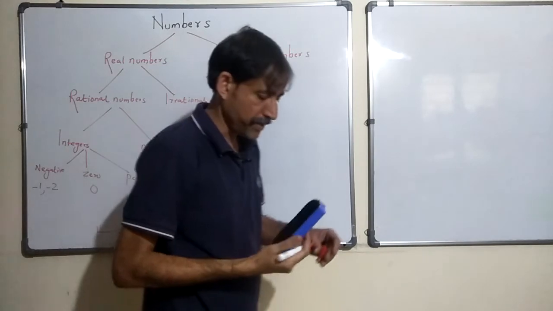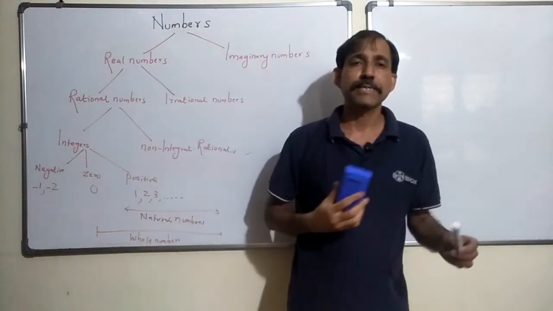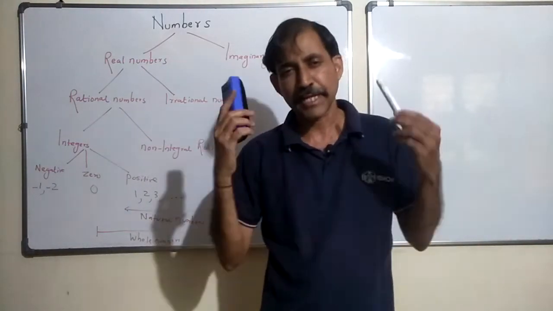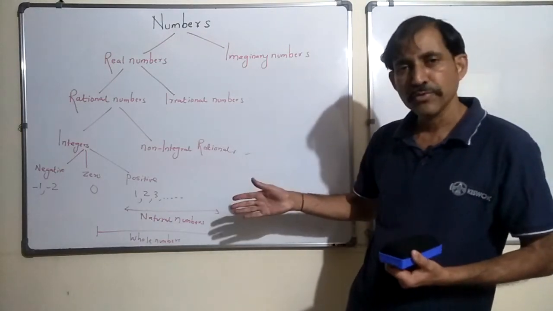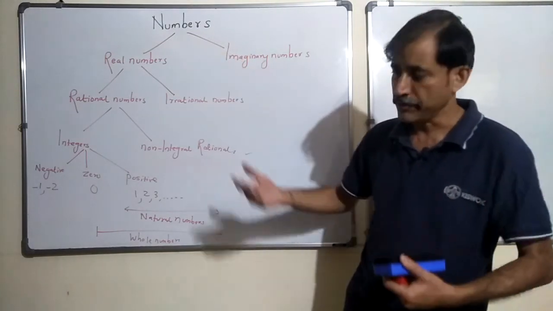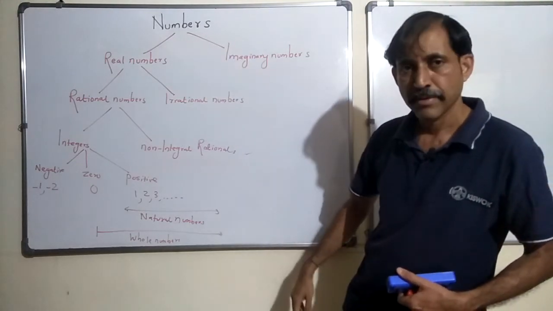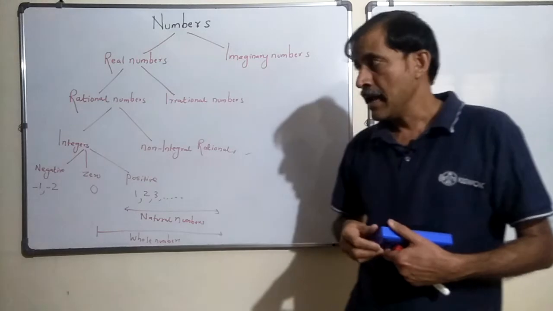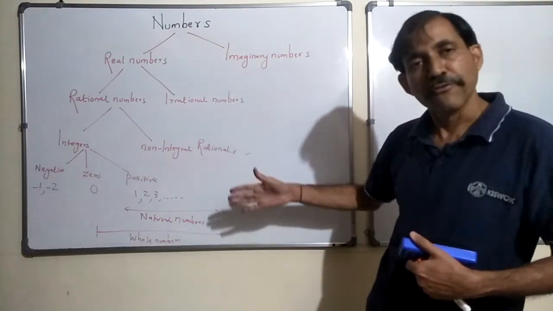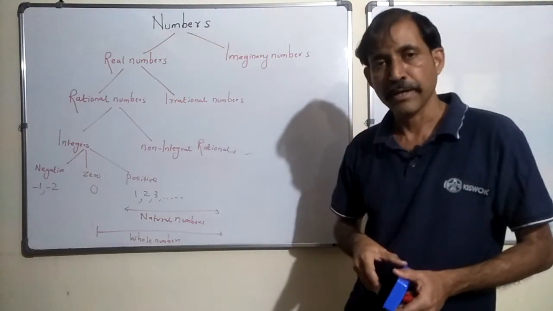So I hope by taking a few random examples which came into my mind while making this lecture, I was able to show you how you can do it for yourself. So remember this chart and take a few numbers of your own choice and see where they actually fall into. Okay.